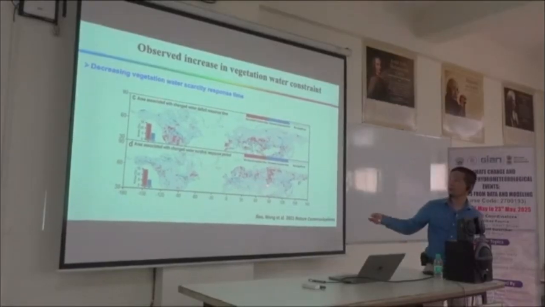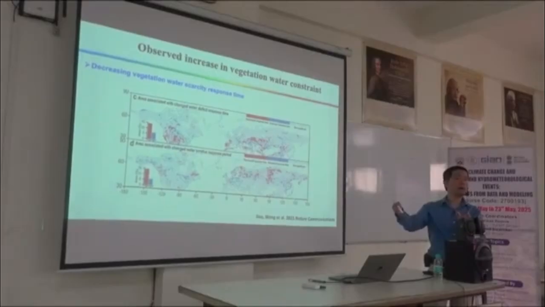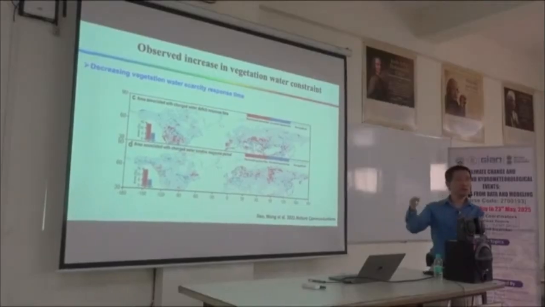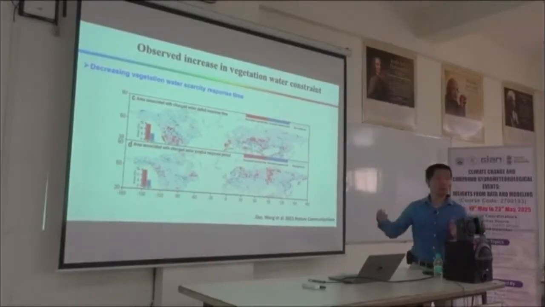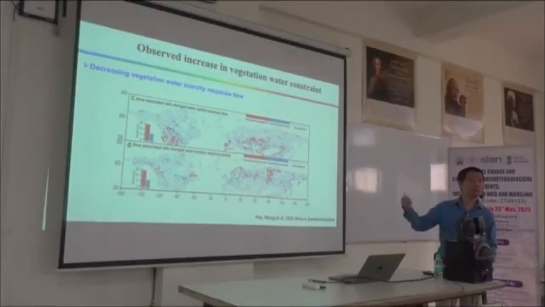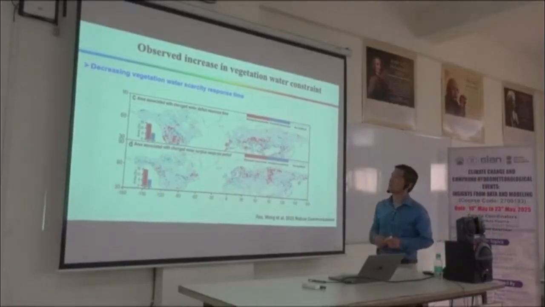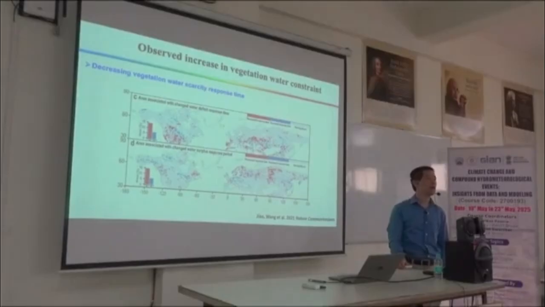What we show here is as time goes by, the benefiting period becomes shorter and shorter. In the past, maybe 1 month is actually benefiting, but right now it's maybe like 1 week, right? So that also tells us the water scarcity for vegetation growth becomes worse based on response time. Their response time becomes shorter and shorter. That's the third evidence we have.